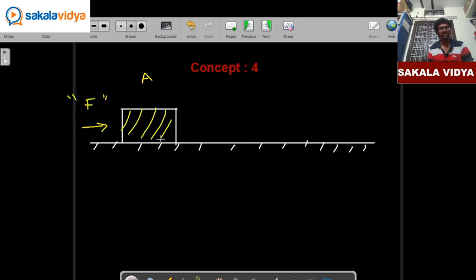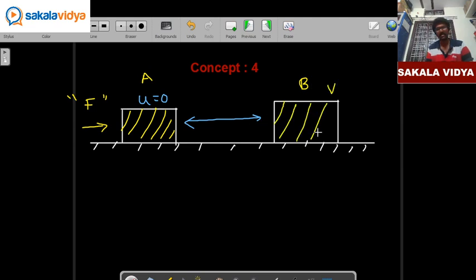So what happens to the body? It starts moving in the forward direction. Here the initial velocity of this block is 0, and finally it reaches the position of B, whose final velocity is v, where s is a displacement made by the body.